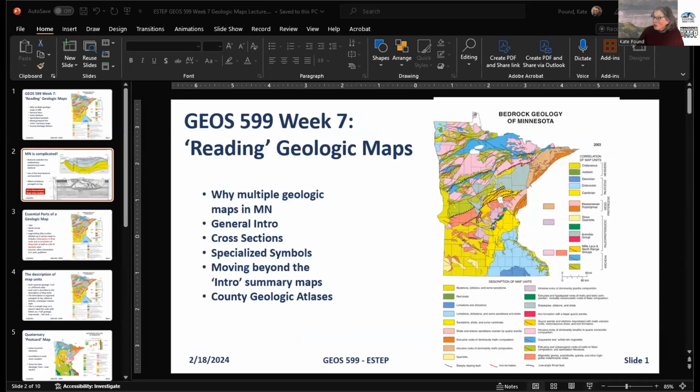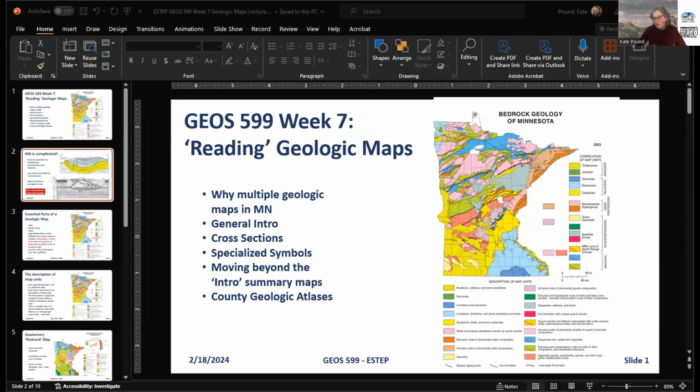All right, so we're going to be investigating how to get as much as we can out of geologic maps. We'll look briefly at why we have multiple different geologic maps for Minnesota. And then I'll go through an introduction about the essentials of a geologic map.